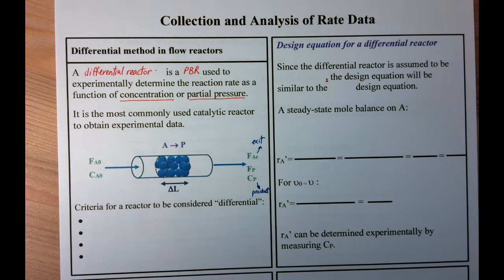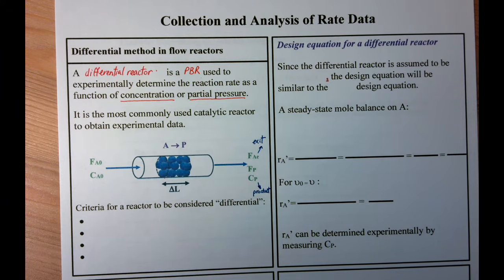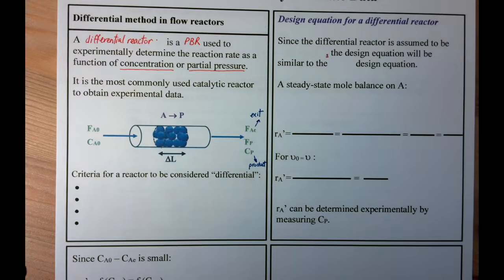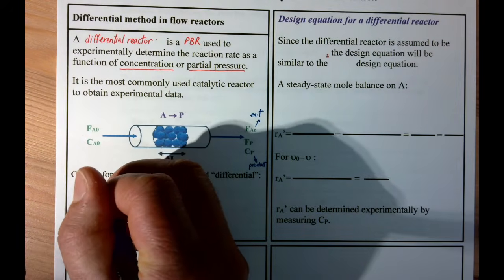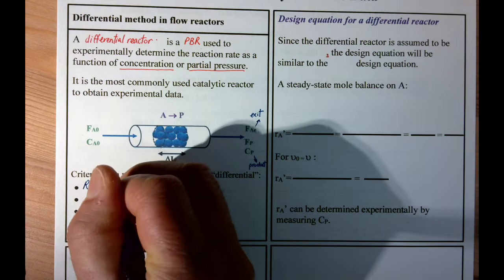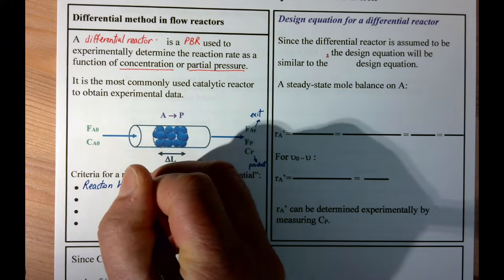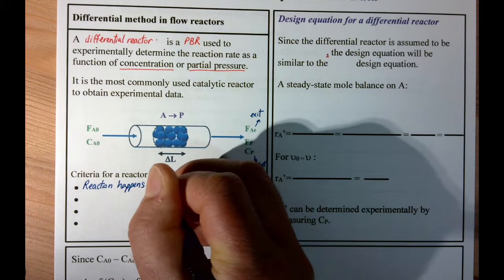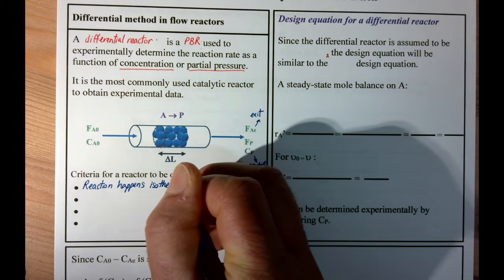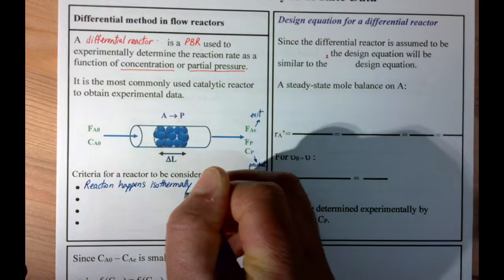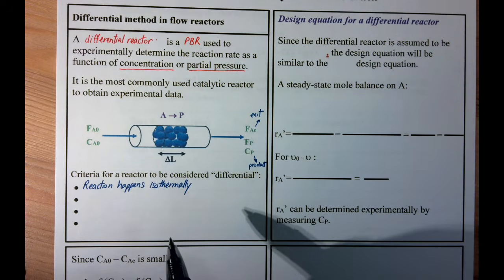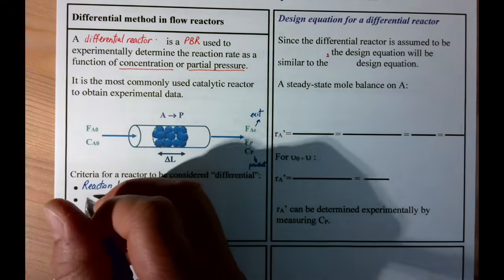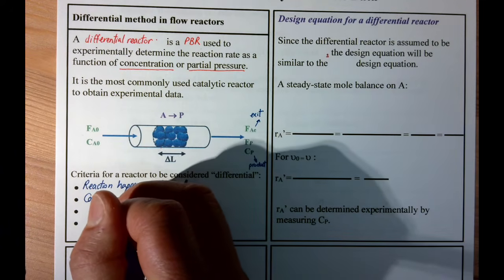So what are the criteria for a reactor to be considered differential? Here are 4 points that have to be fulfilled. The reaction happens isothermally. In other words, the temperature is constant throughout the bed. The conversion needs to be very small.